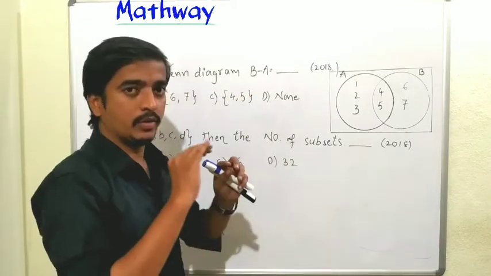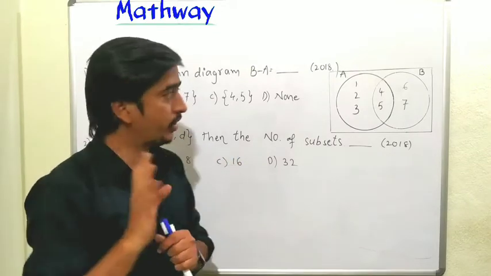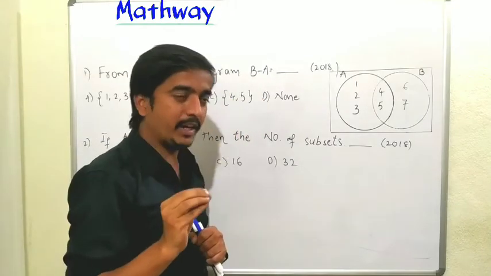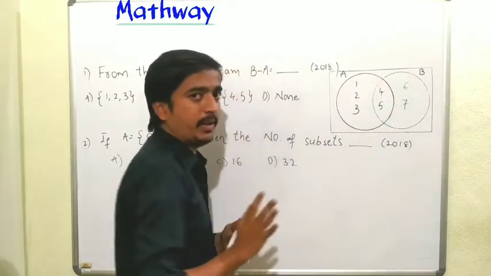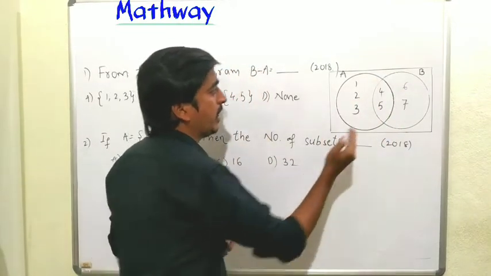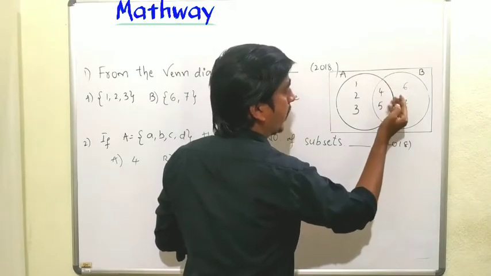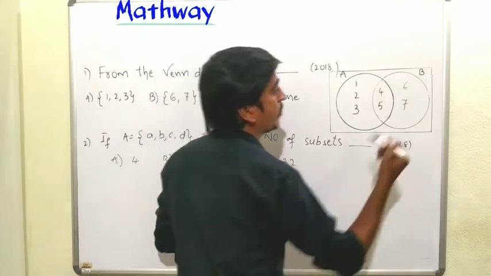Simply, from set B and set A, remove the common elements. The first term is B, so what elements are left in set B? We need to write that. So we shade only the B part, not the complete B part. By removing the common elements, the remaining part we need to shade. So this part we have to shade.